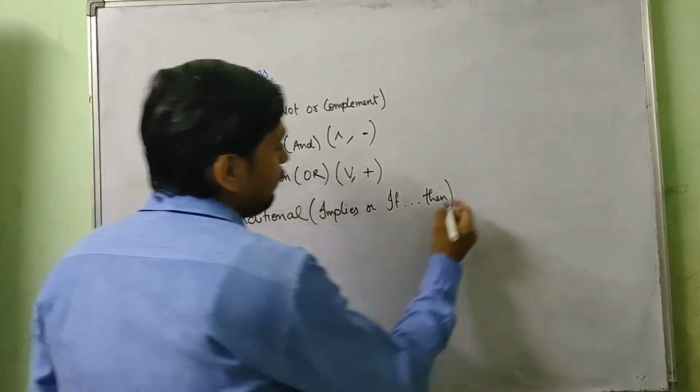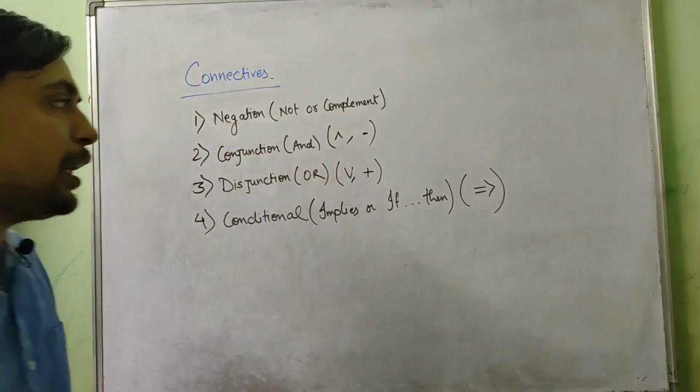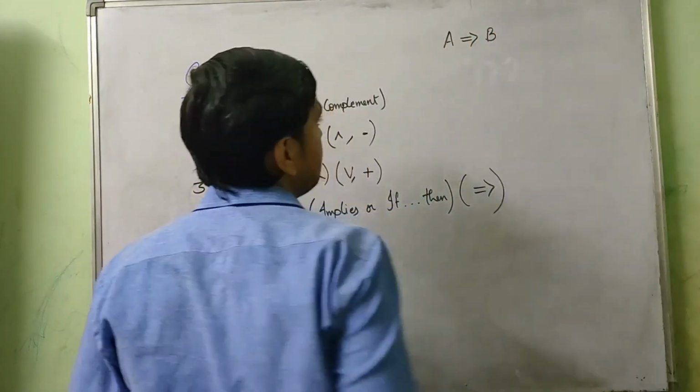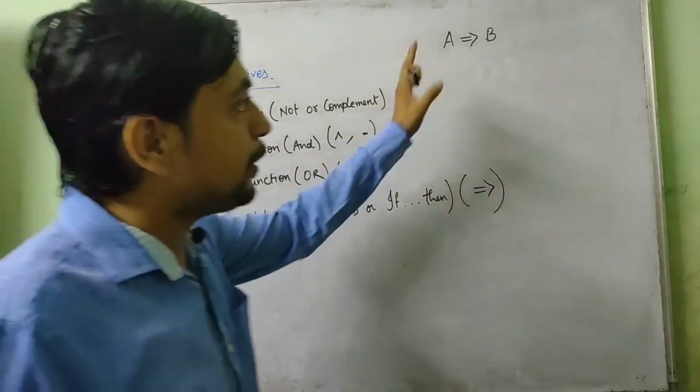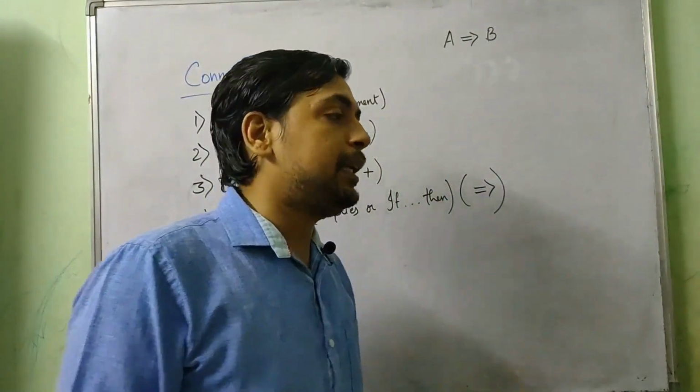It is represented with this arrow symbol, and if you have two propositions like A implies B, it will be called as if A then B.